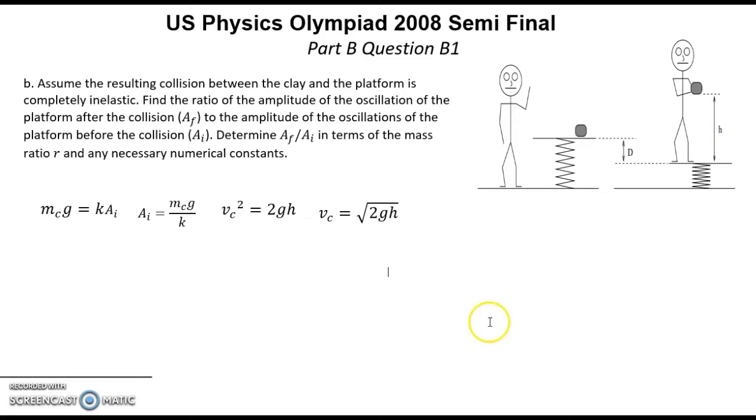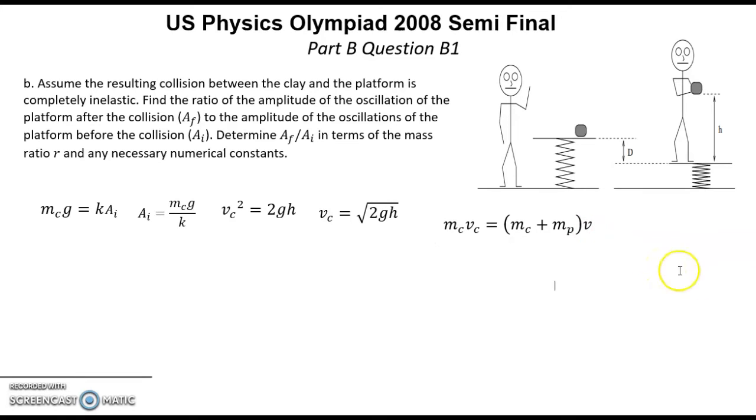Now we have a completely inelastic collision with the platform, so we can count what is the speed of the platform right after collision. We just use momentum conservation. So the previous momentum, mc Vc, was equal to the new momentum, mc plus mp multiplied by our speed after collision.